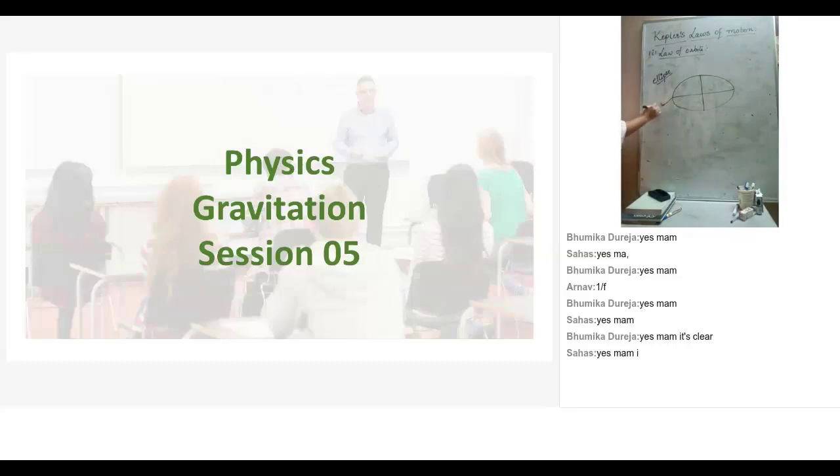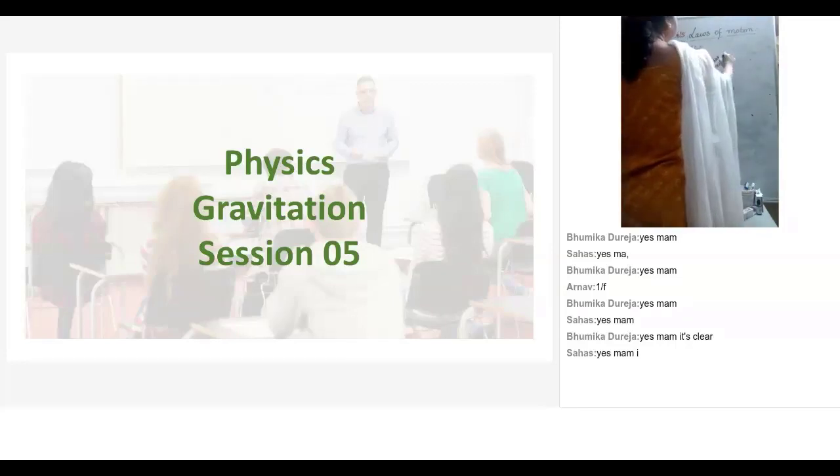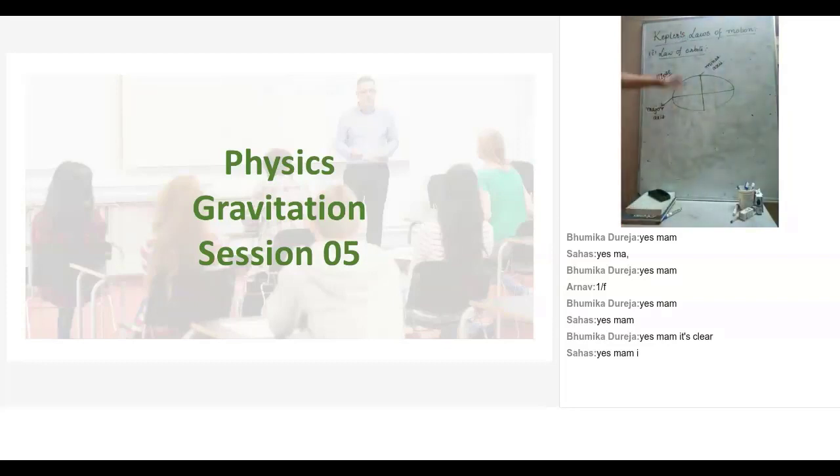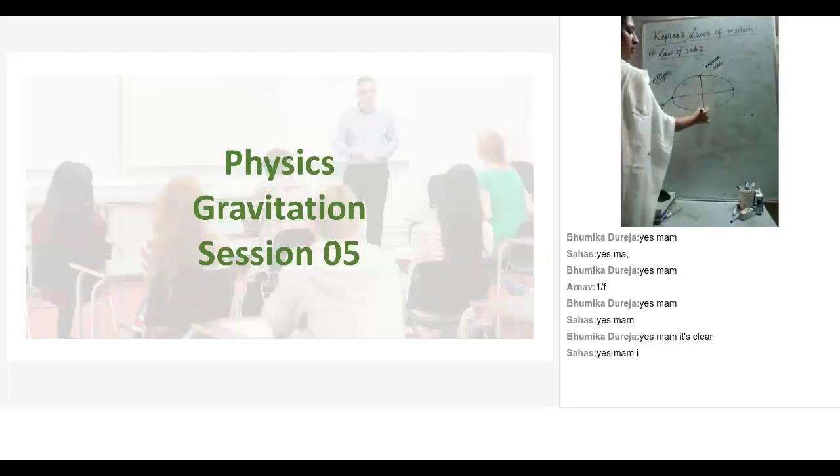The longer one is called the major axis, and the shorter one is called the minor axis. They can also be called major radius and minor radius. These two points are called vertices, and these two points are called co-vertices.